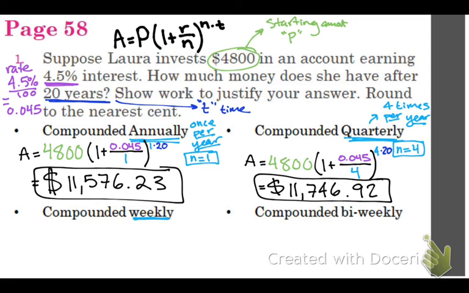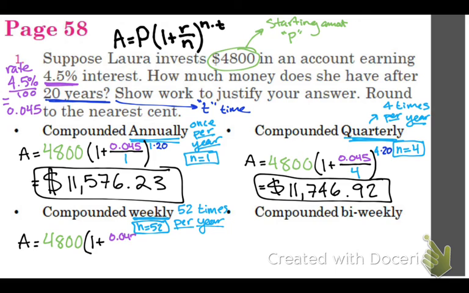Compounding quarterly, 4 times per year. We're always talking about how many times per year. So our n will be 52. But it's the same problem that we're dealing with, so we just bring down every number the same. And we replace our n with our 52.